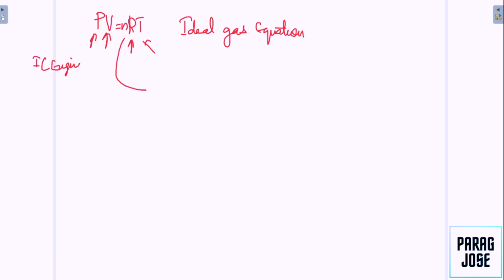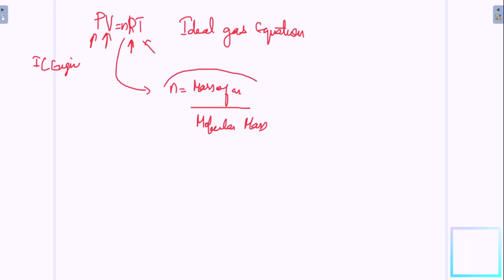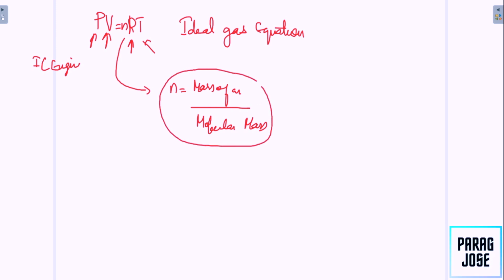Now n indicates the number of moles of air coming inside the cylinder. So the number of moles will be equal to the mass of air injected divided by the molecular mass of air. This equation could be used to find out the mass of air which is coming inside the cylinder.